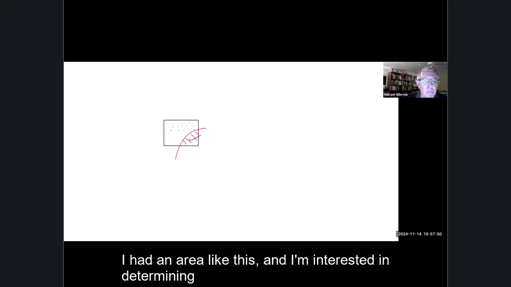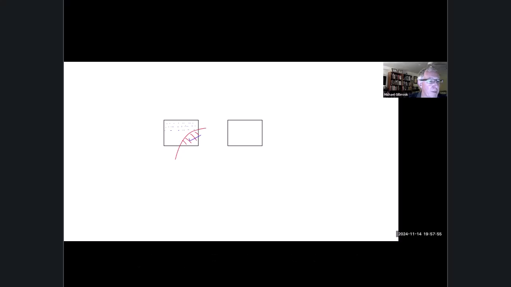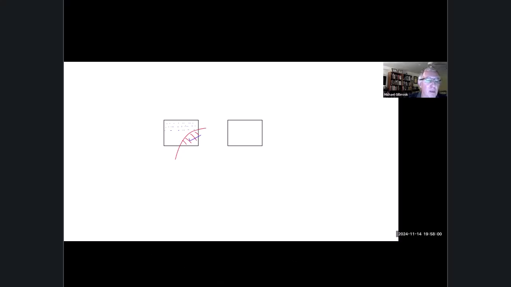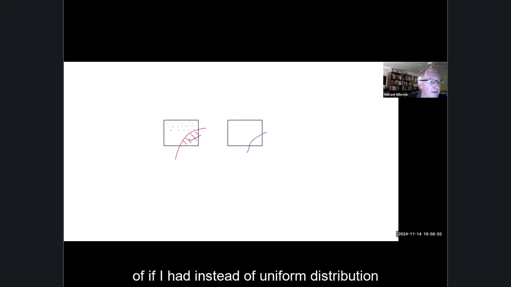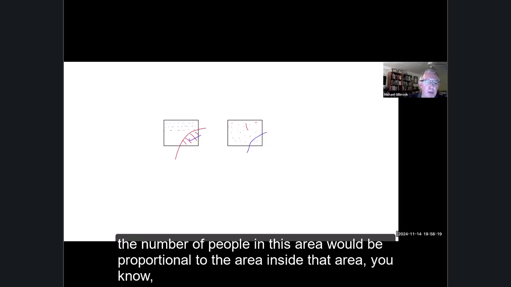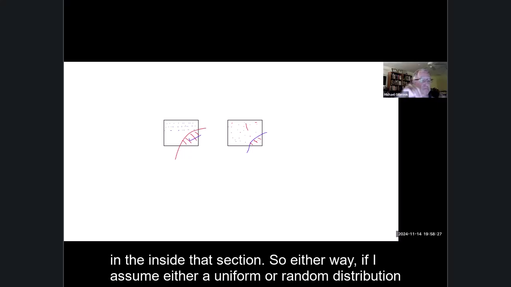If I had an area like this, and I'm interested in determining how many people are inside this boundary, and instead of a uniform distribution of people I had a random distribution of people, the number of people in this area would be proportional to the area inside that section.